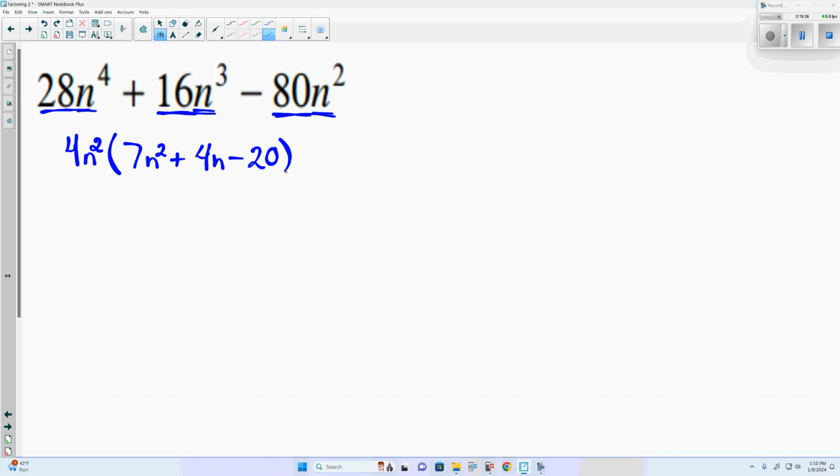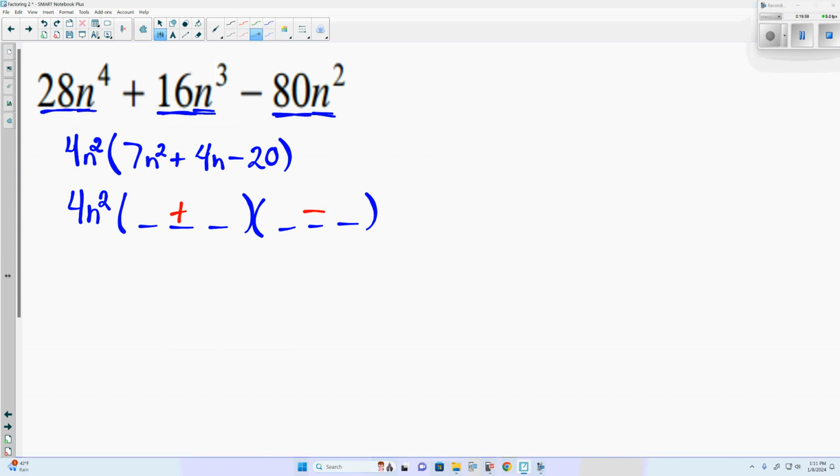Questions on this here? Now that we've removed all the like terms from both, we can have our two sets of parentheses with 3 spaces. Since the third term is indeed negative, our signs are opposite.